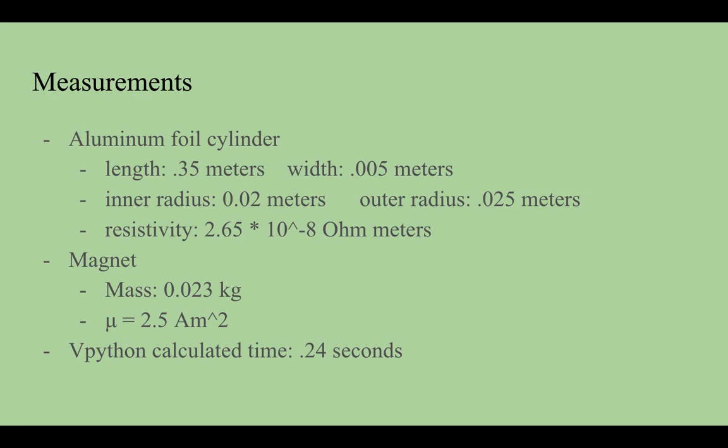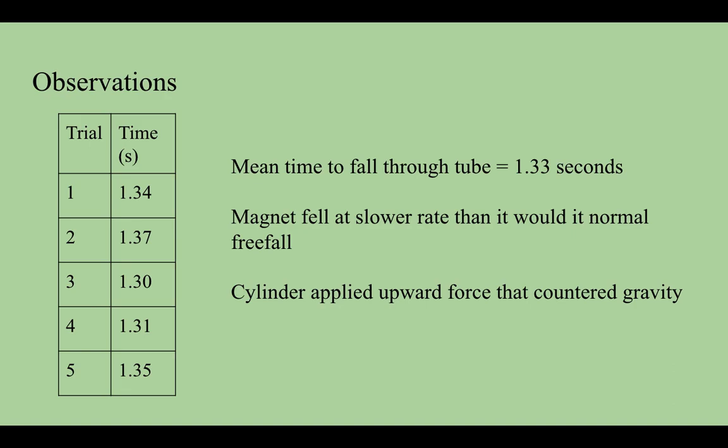The magnet had a mass of 0.023 kilograms, and mu was 2.5 A·m², which was calculated in the third lab. According to VPython, the calculated time was 0.24 seconds. And the observed time was 1.33 seconds to fall through the tube on average.